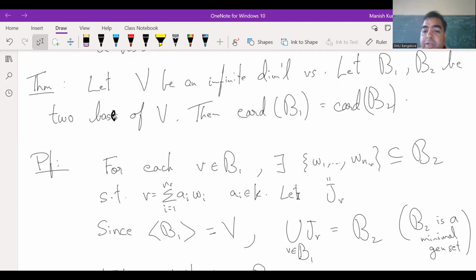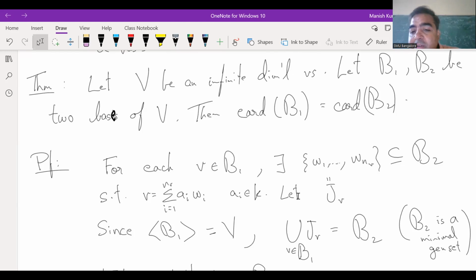If it is not the whole of B2, suppose it's somewhat smaller than B2, each J_v is of course contained in B2, so the union is contained in B2. But if you can't cover B2, then a smaller subset will generate the whole of B1, and the span of B1 generates V. So that would tell you that this smaller subset generates V, which is not possible because B2 is a minimal generating set.